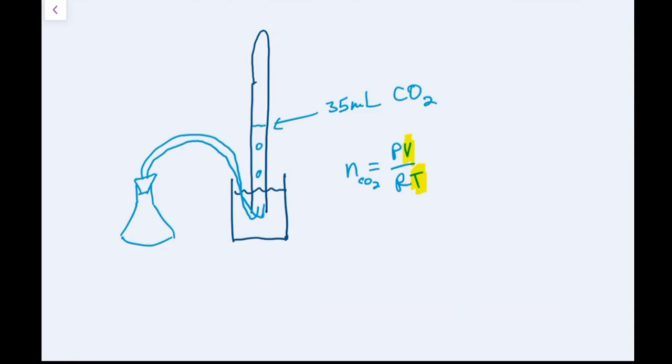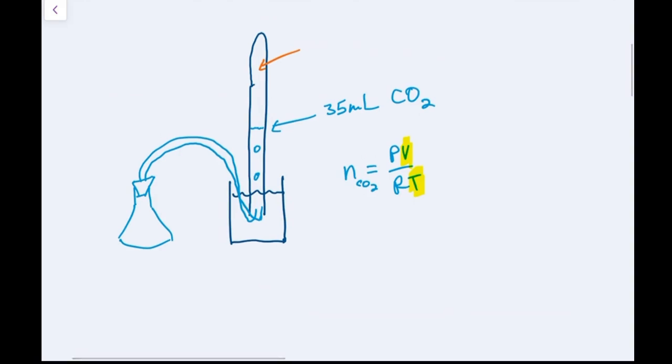The pressure, though, is not just due to CO2, because along with CO2 in the gas collection tube, we have a little bit of pressure due to evaporated water, because I'm collecting this gas by water displacement, which means I've got all this water in the tube as well, and some of it is evaporating and creating gas pressure.